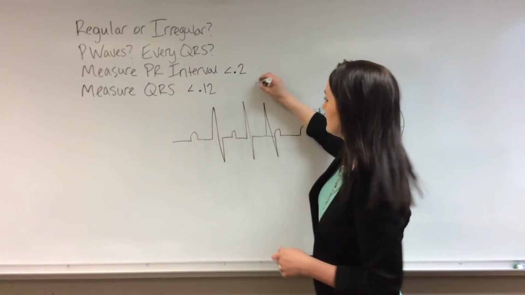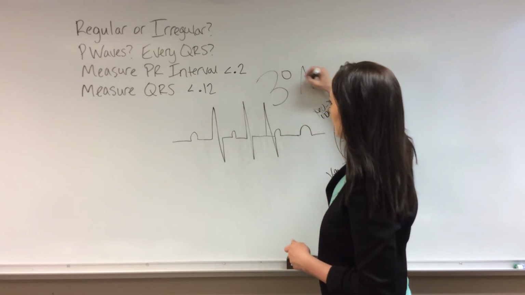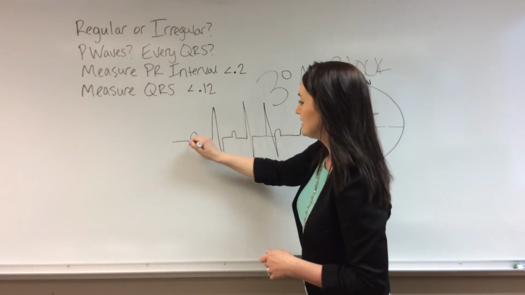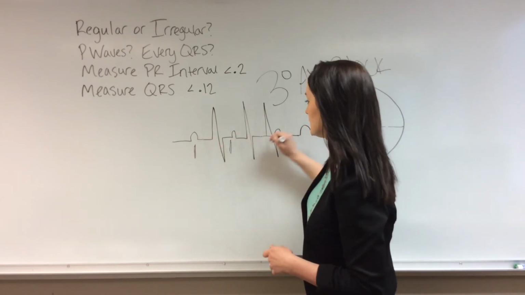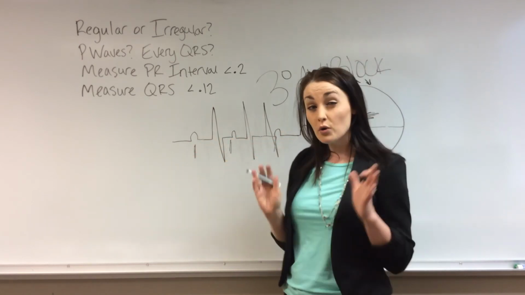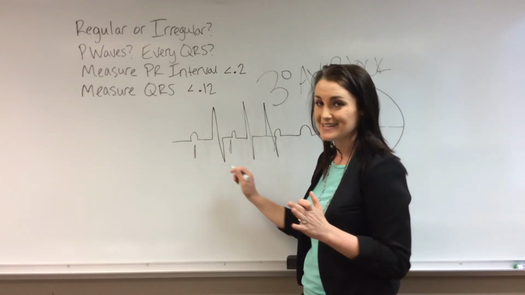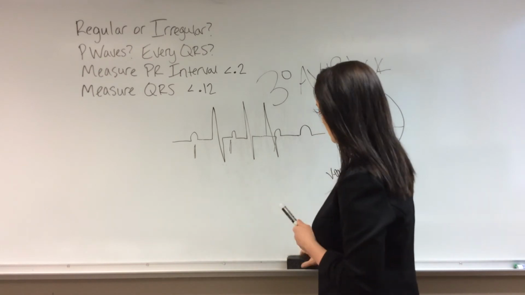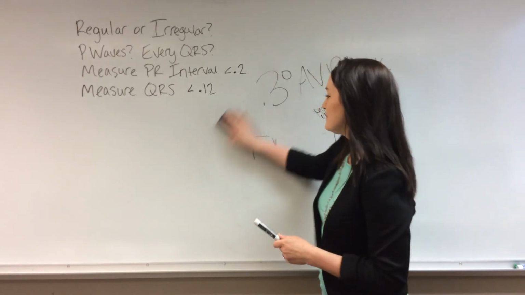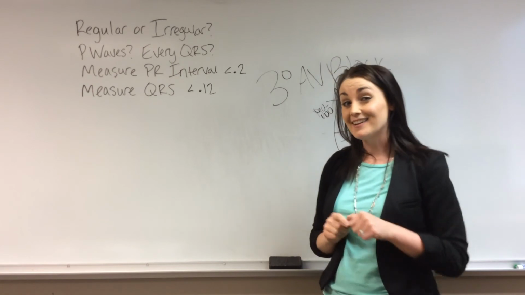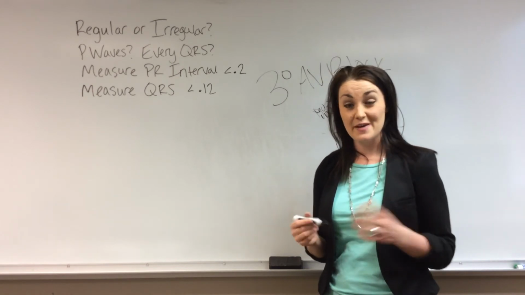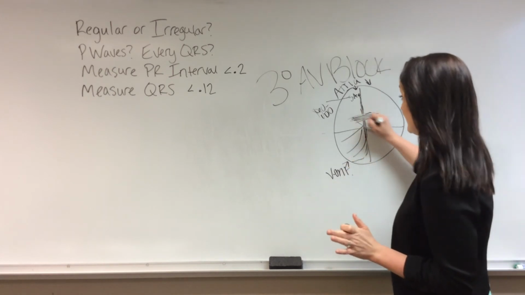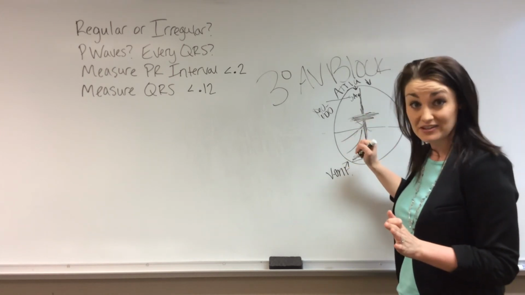The main point with a third degree AV block is that the P waves march out, but there's no correlation with the QRSs. So maybe the drawing isn't a great depiction of that. I've heard cardiologists call the third degree AV block a divorce rhythm, in that there's no communication going on here between the atria and the ventricle.